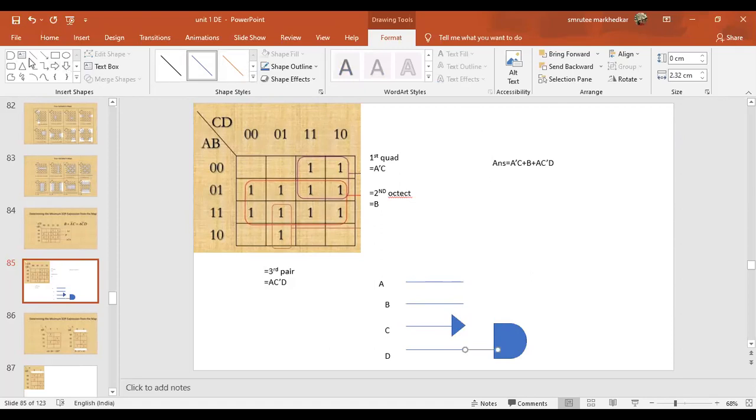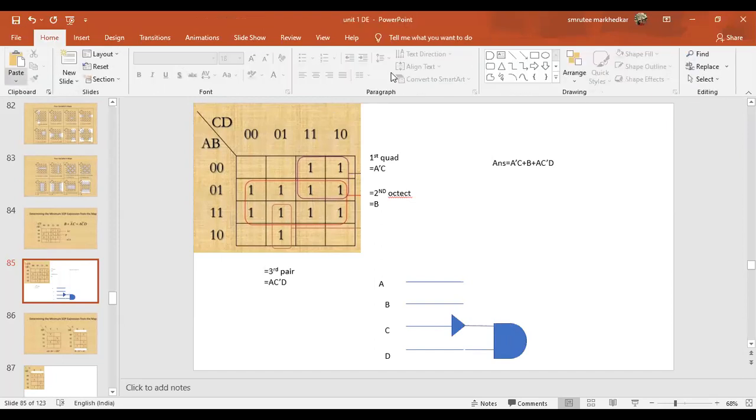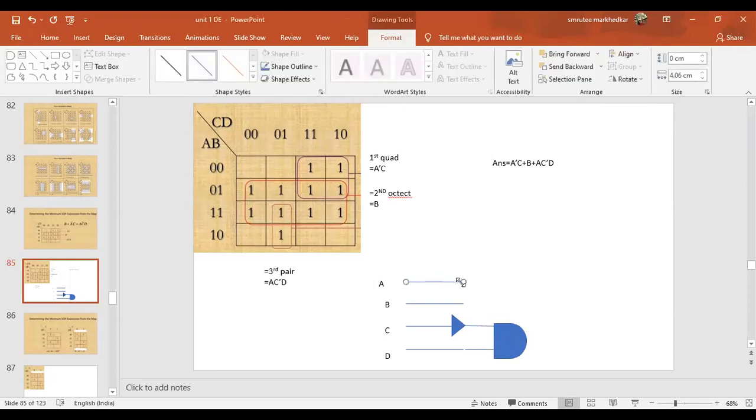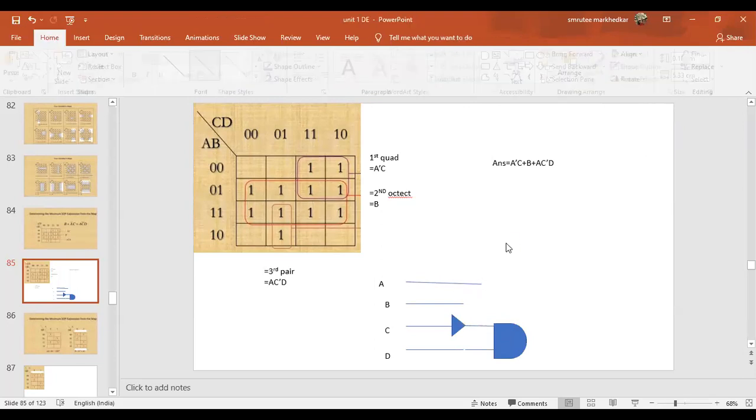Then this makes it C bar. And then I'm left with this; first I will increase the length of this. Now I can just use it directly here.